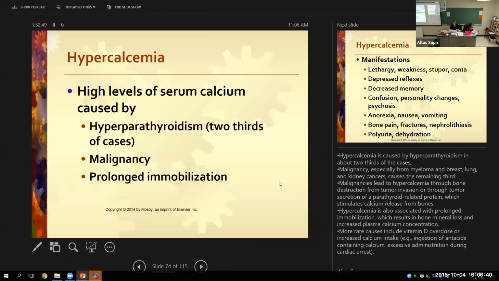Malignancy, there's just so many things going on in the body with cancer and malignant cancer, but just keep in mind, hypercalcemia is a problem with that. We'll talk more about that later too. There are so many disease processes going on, but just remember, malignancy can cause increased calcium in the blood.